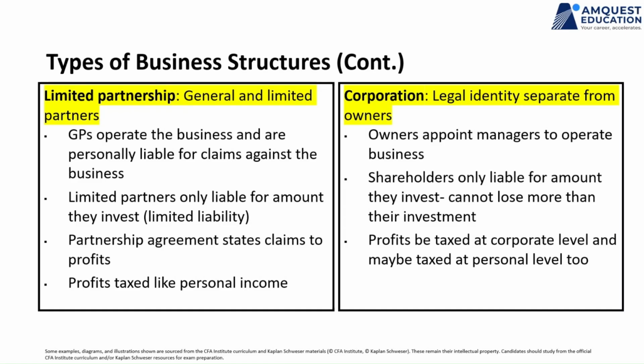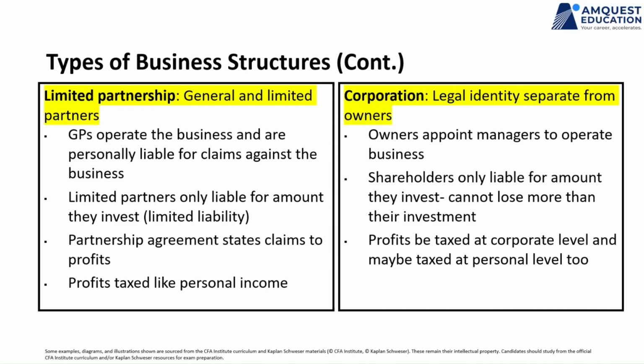So as you go to a limited partnership, you explore what is called a limited partnership structure. This is again a partnership, but this is a limited partnership. Now, there are two types of partners you will find in an LP, general and limited partners. We generally call them the general partner and the limited partners, GPs and LPs.